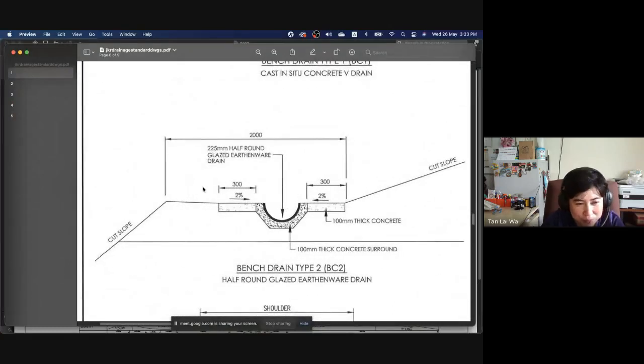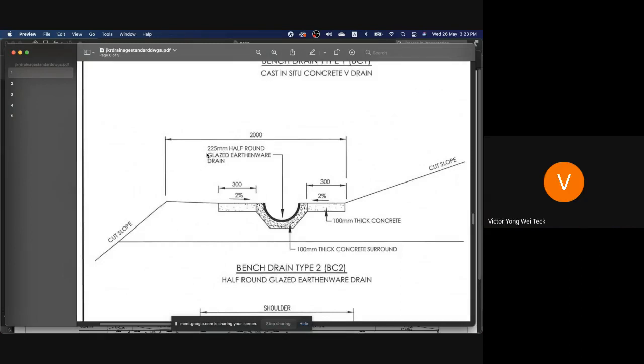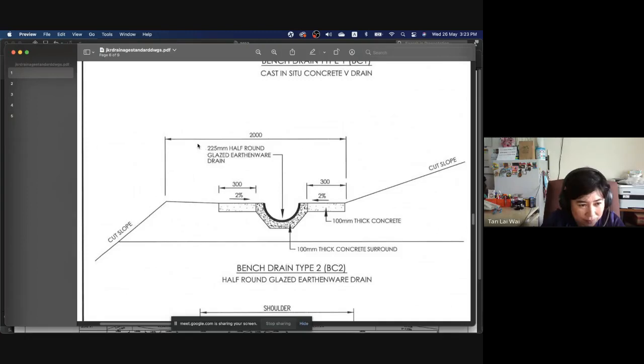Okay, your question would be? The value is given in radius or diameter? This is half round. This is the width, if I'm not mistaken. 200 millimeter half round. The width means the diameter.